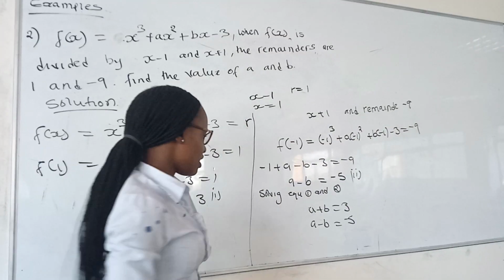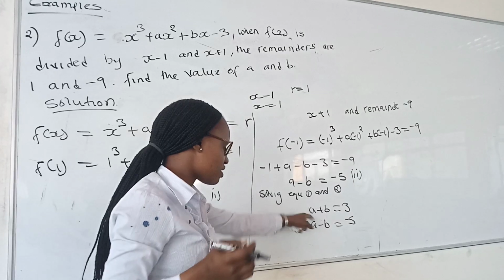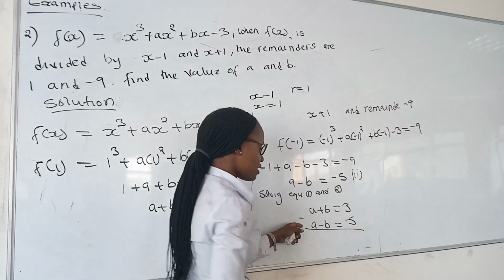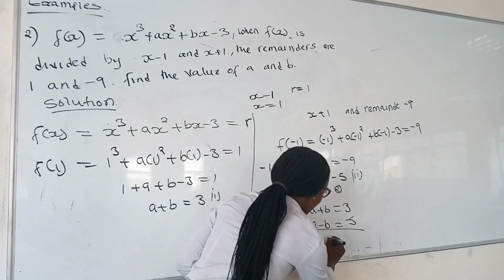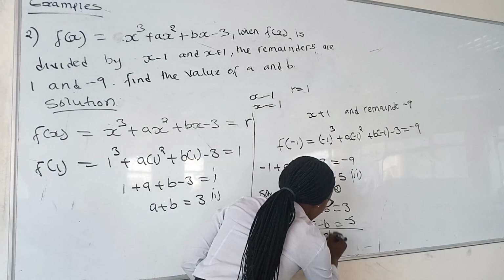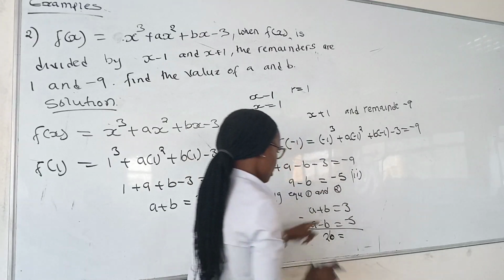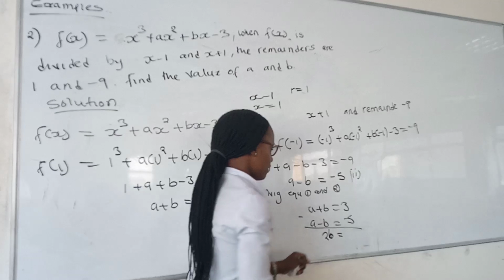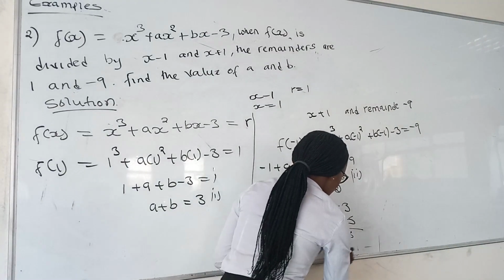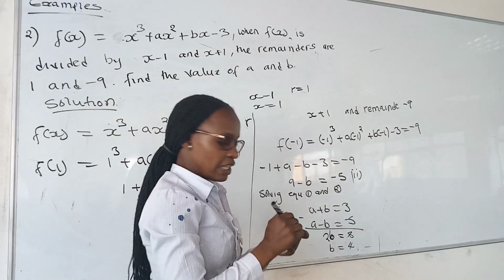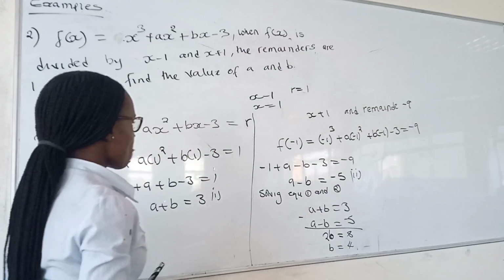Let us eliminate a by subtracting, so that this and this give us 0, and we remain with 2b equal to 3 minus negative 5, which gives us 8. Then b is equal to 4. That is the value of b.